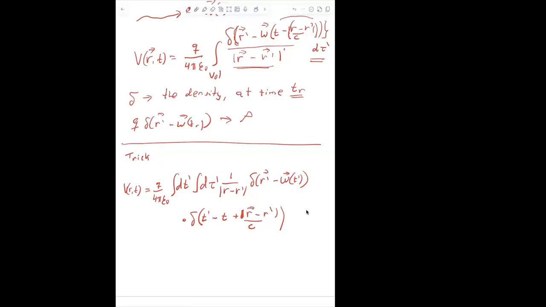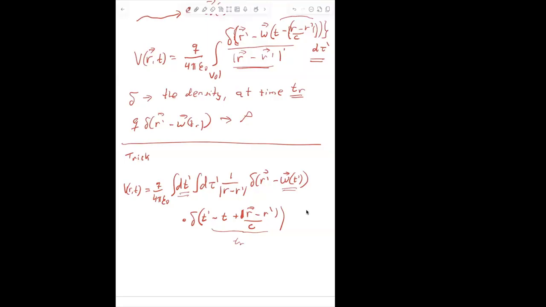So what is this thing? This is simply t_R, the retarded time. So what I'm doing here, I'm integrating over dt prime, and then all this retarded time will go into this w. That is the trick. Very simple trick in principle.